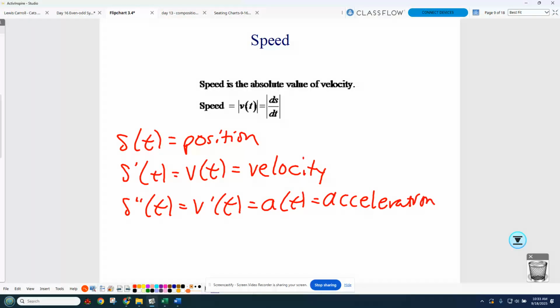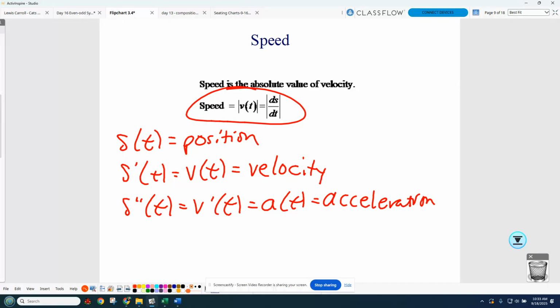And physics friends and pre-cal people, velocity is a vector. It has a magnitude, a strength, and a direction. Speed is just the magnitude. So for what we're doing right now, it's like, so what? If you were going backwards 500 miles an hour, your speed is positive 500.